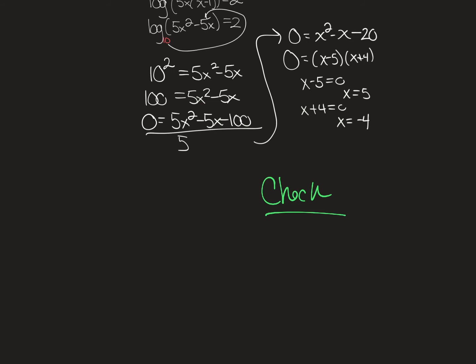So when I do that, I'm going to do the x equals 5 first. So I get log of 25 because I plugged the 5 in for the x. So 5 times 5 is 25 plus log of 4 equals 2. When you condense these, you multiply.